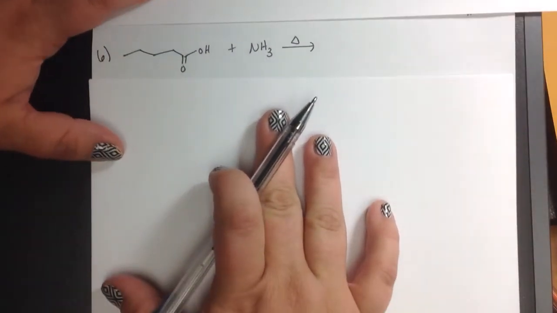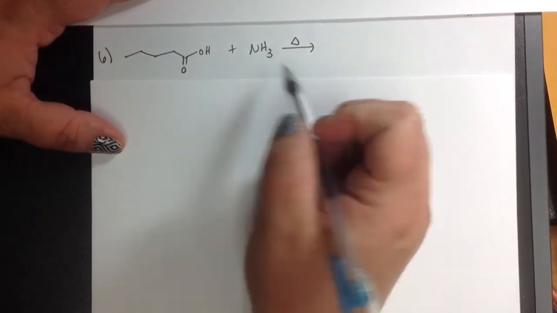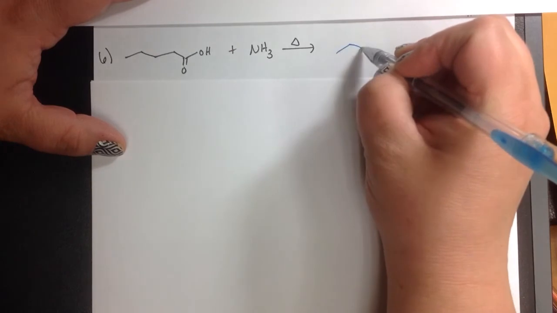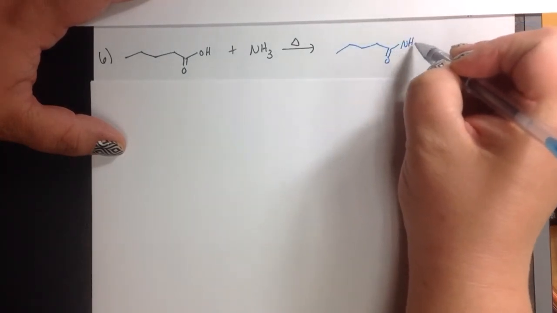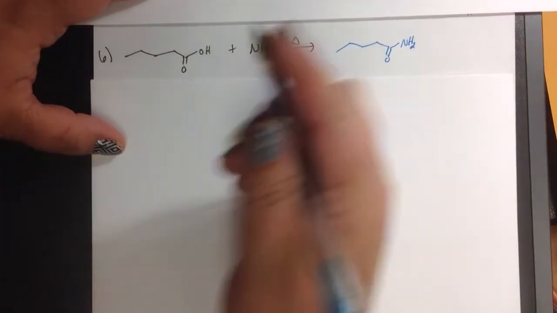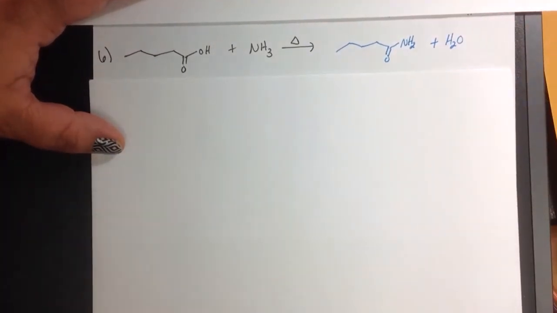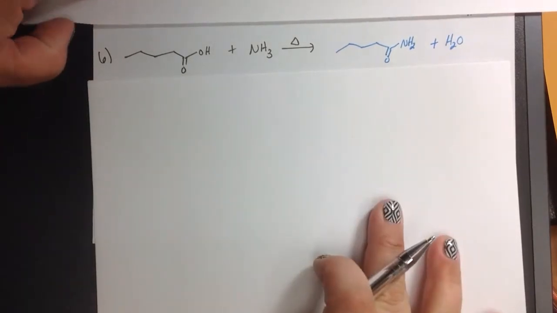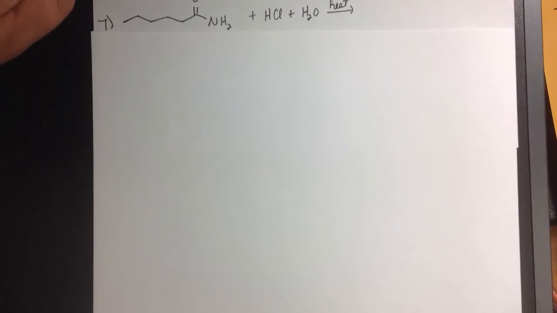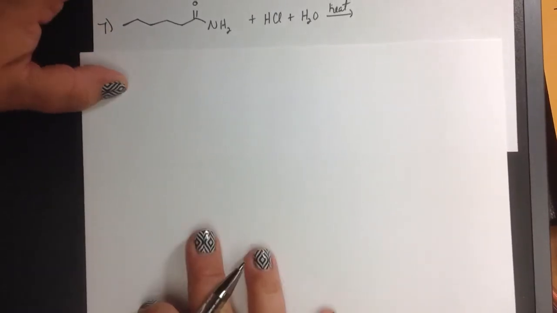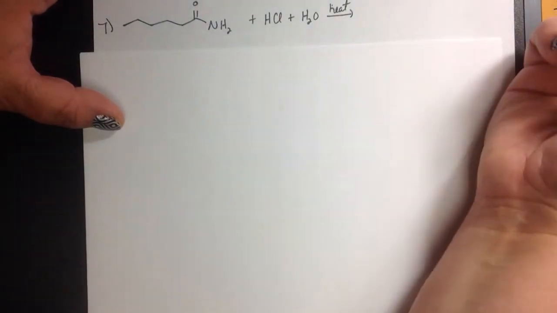Okay. Here we actually have a carboxylic acid and an amine. So we get the NH2 plus H2O. Okay. Next, we've got an amide. We're going to break this down.